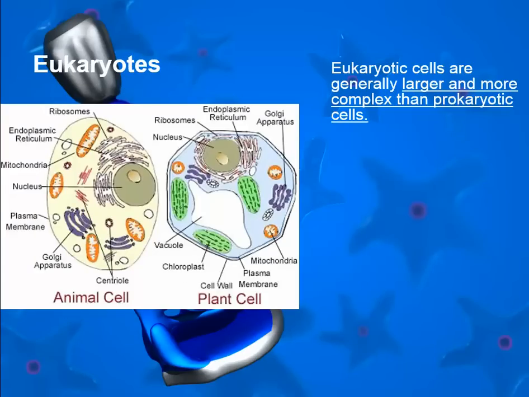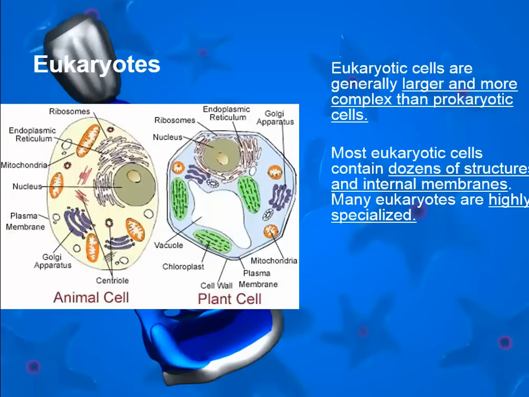Eukaryotic cells, on the other hand, are larger and more complex, and they have dozens of structures and internal membranes. So they have the endoplasmic reticulum, the Golgi apparatus, and then you have your mitochondria, you have your chloroplast. Those all have internal membranes inside of the organelle. And eukaryotes can be highly specialized.